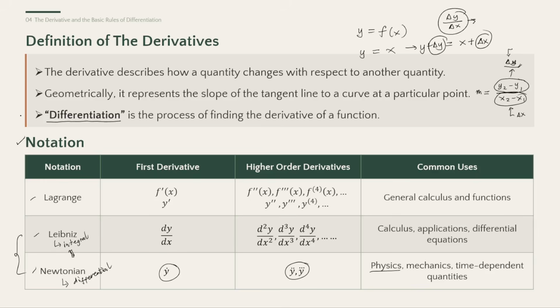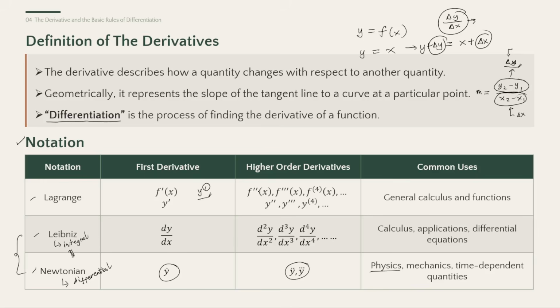Lagrange is also a mathematician with a very vast contribution to mathematics, and he uses this notation. In differential calculus, you can expect that we use this very often because it is easier to write. We read this as y prime.